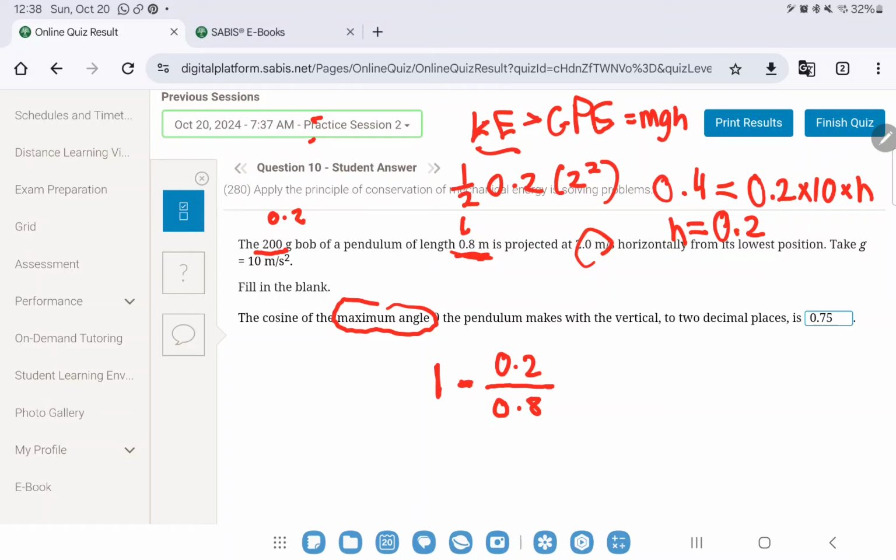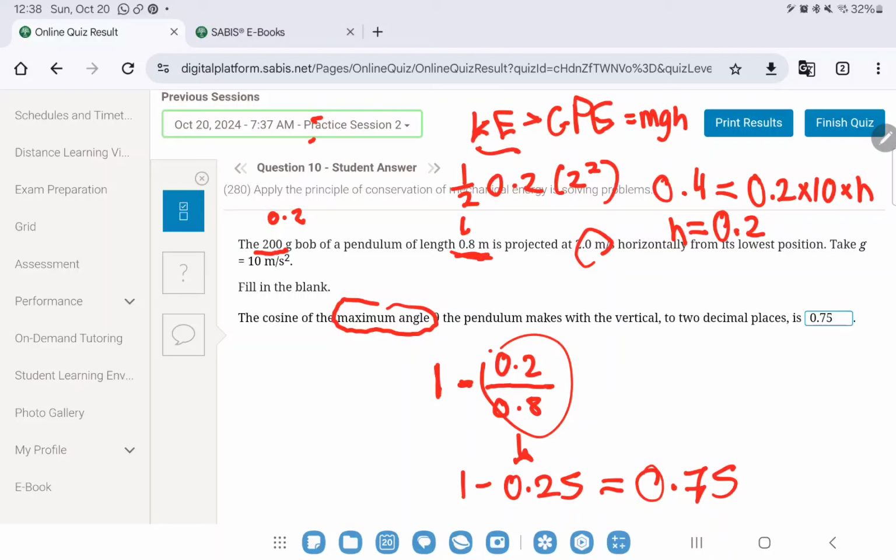Once you do 0.2 divided by 0.8, you get 0.25, and 1 minus 0.25 gives you 0.75. That's how you find the maximum angle. Be careful, don't memorize the numbers. It's small over big, subtracted from 1.